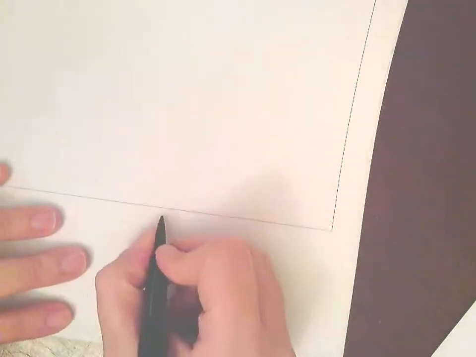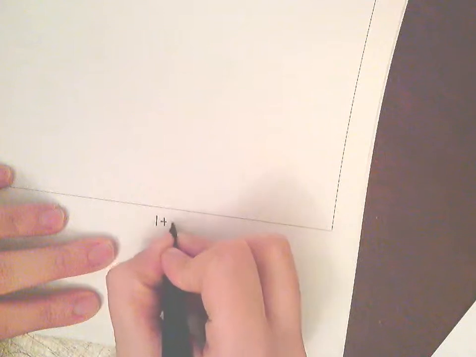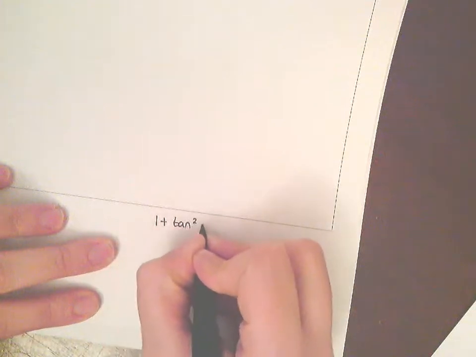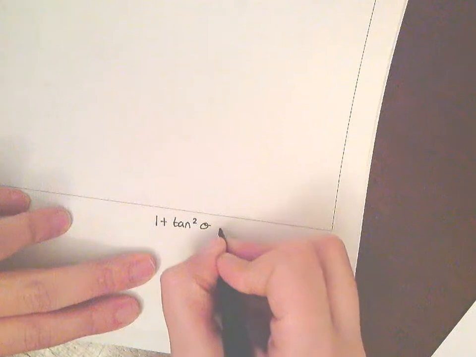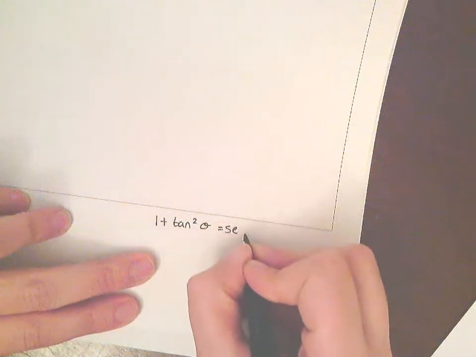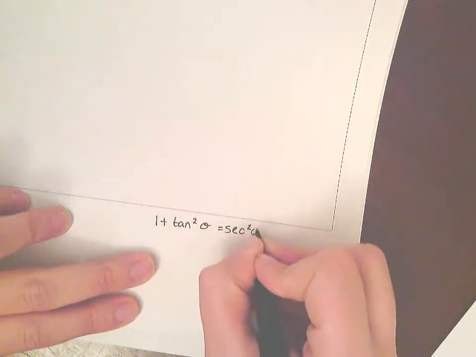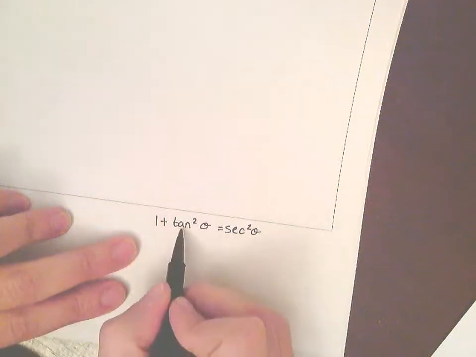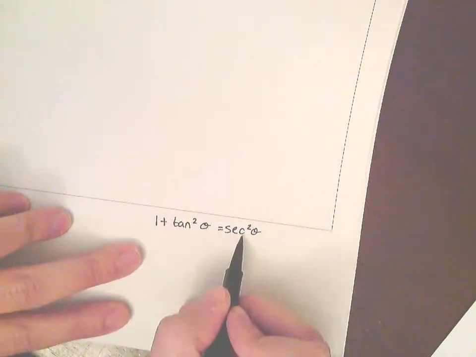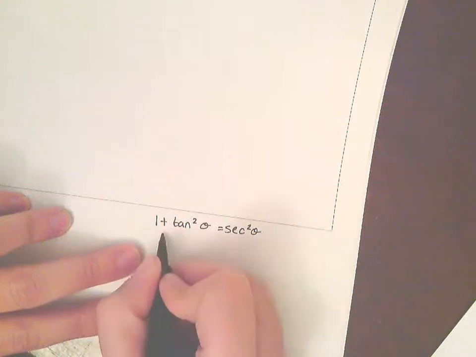So here's my Pythagorean identity. 1 plus tan squared of theta equals secant squared of theta. And basically, I know that I need to get these two things together on one side, and there has to be a minus sign in between them, which is simple.